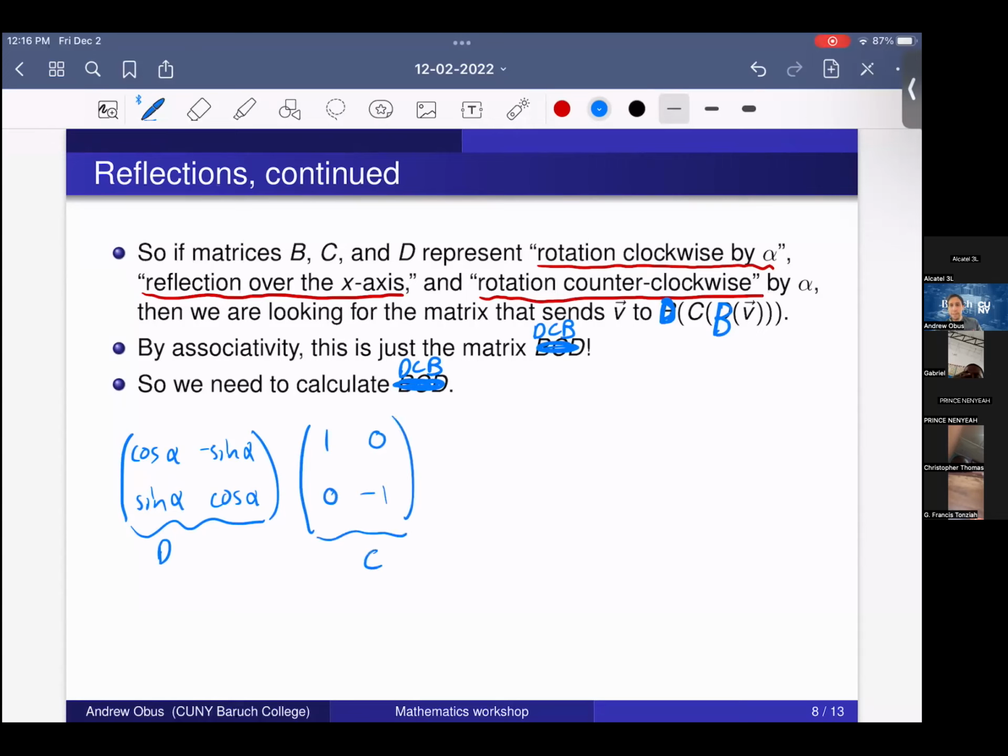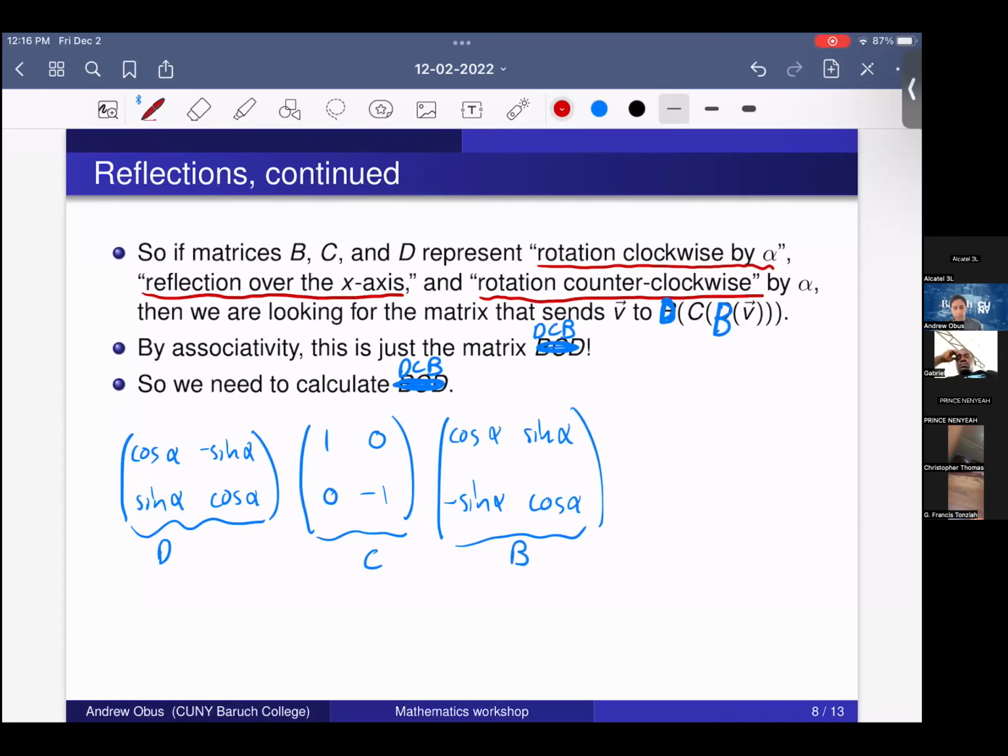That's our matrix C. Sorry, D was counterclockwise, and B is rotation clockwise by alpha, which we saw was cosine alpha, sine alpha, minus sine alpha, cosine alpha. This is the matrix B.